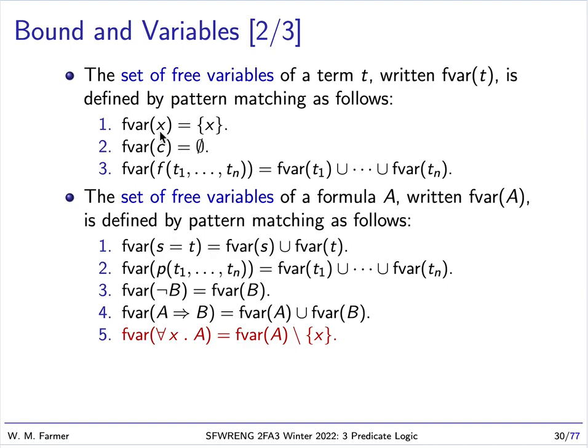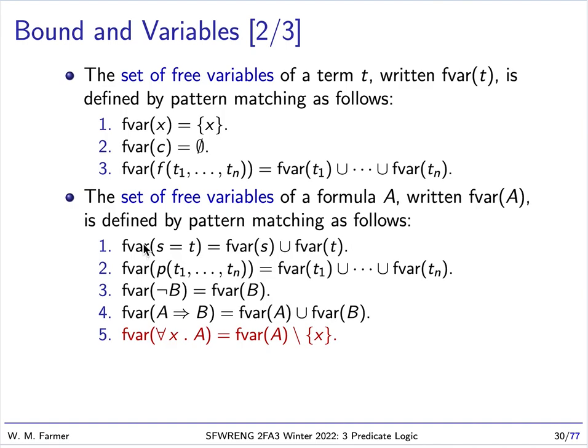If we have a variable x, there's one free variable occurrence, and that's x itself. If we have a constant, there are no free variables. If we have a function symbol application, the set of free variables will be the set of free variables in t1, t2, t3, and so forth, so it's a union of those sets.